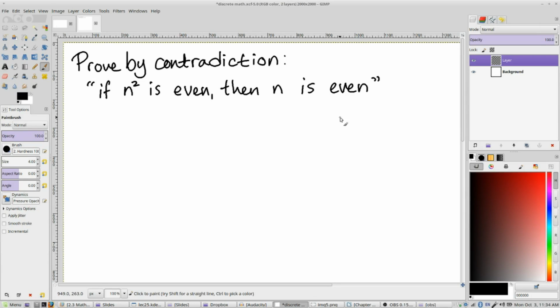Okay, so if we have the problem, prove by contradiction, if n squared is even, then n is even. Remember that this is the hypothesis, and this is the conclusion.